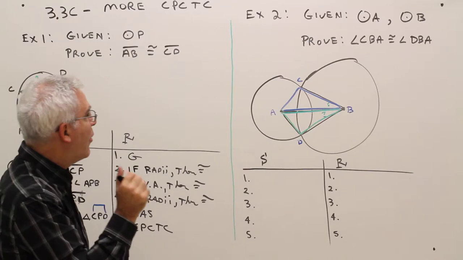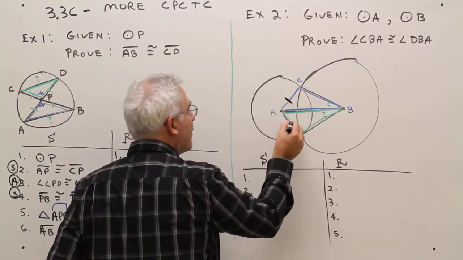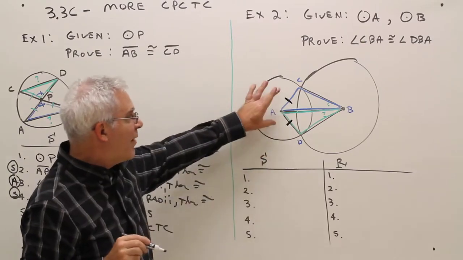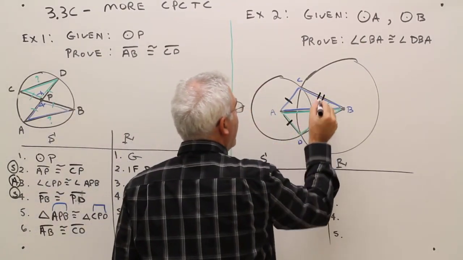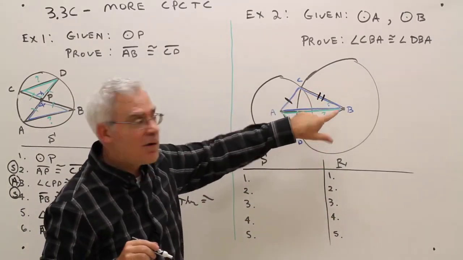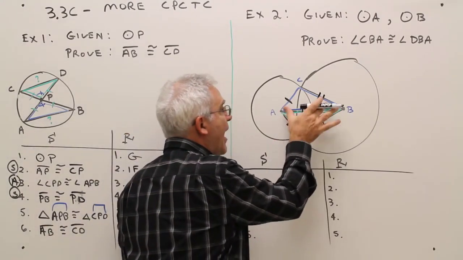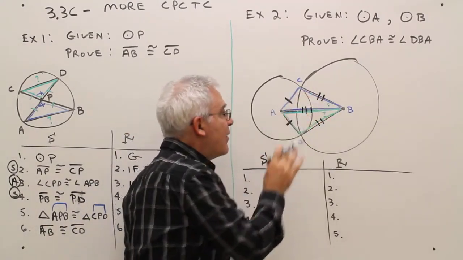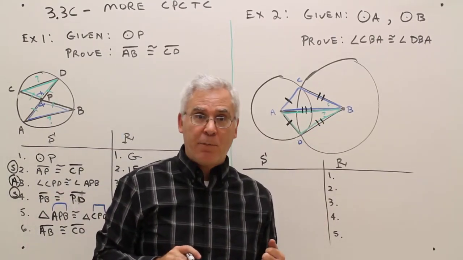Oh, how about this? This radius is the same as that radius from circle A. This radius is the same as that radius in circle B. And you guessed it, AB in blue is congruent to AB in green by the reflexive property.